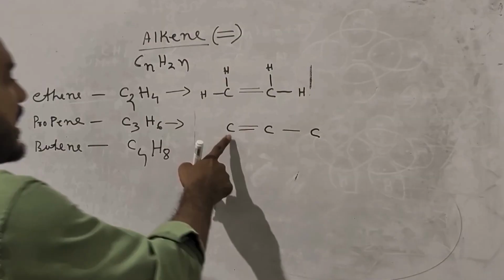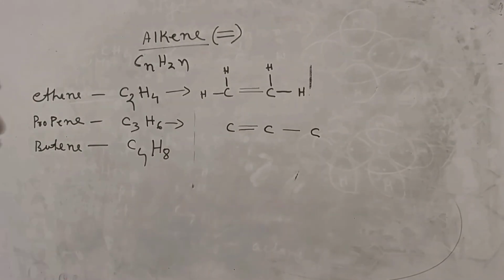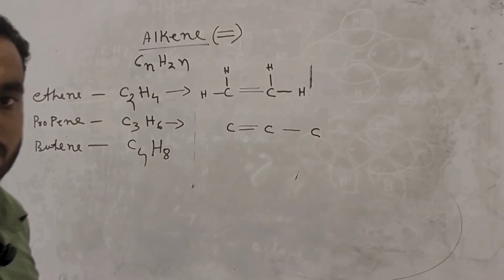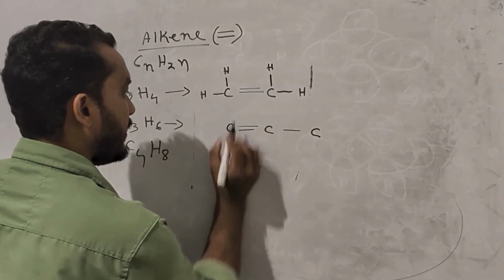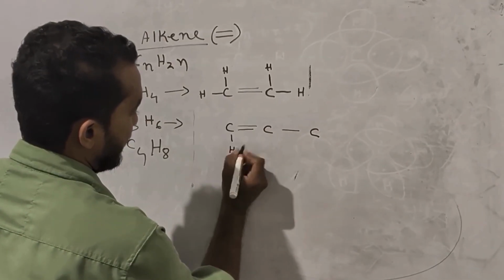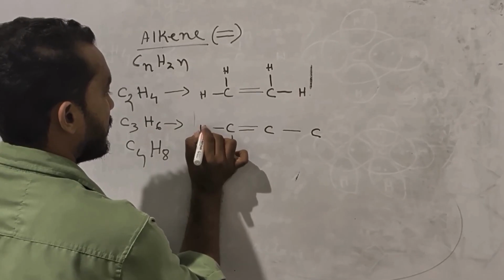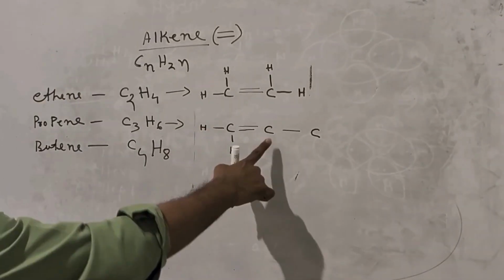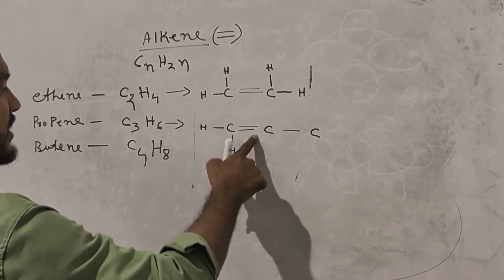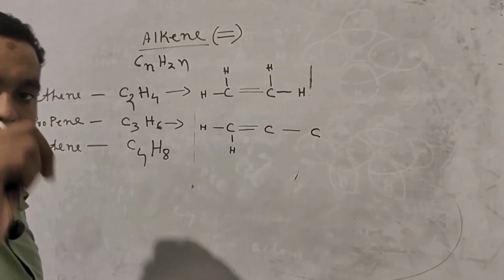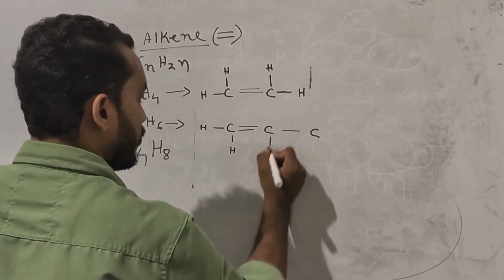With this carbon, 2 bonds are already there, and I can form 2 more covalent bonds, because carbon is tetravalent and forms 4 covalent bonds. So I put 1 hydrogen here and 1 hydrogen here. With this carbon, 3 bonds are already there, so only 1 covalent bond I can make; here I will put one hydrogen.